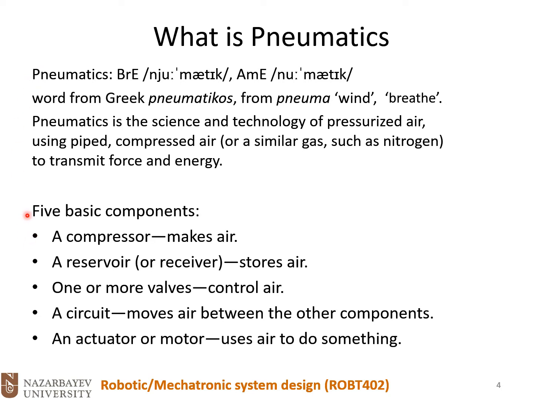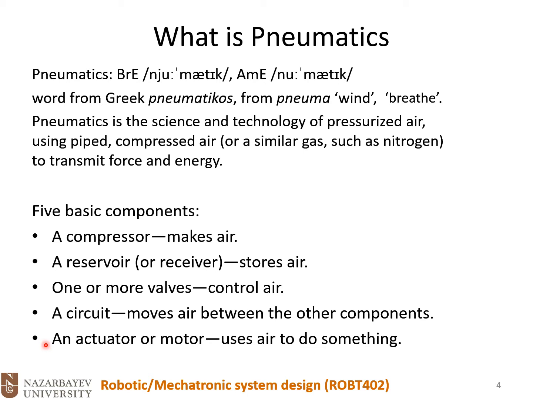Five basic components of pneumatic circuits. A compressor, which makes air. A reservoir or receiver that stores air. One or more valves control air, or the movements of the air. A circuit moves air between the other components.